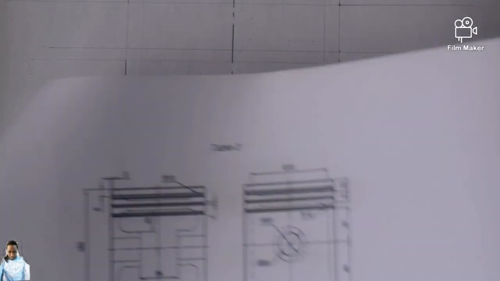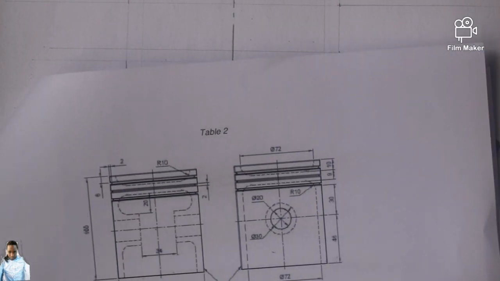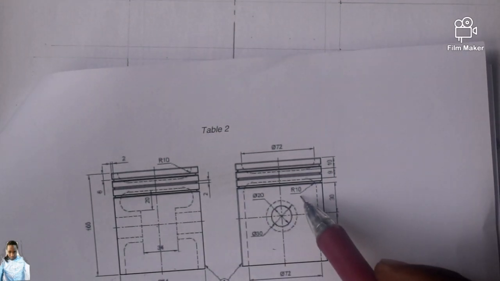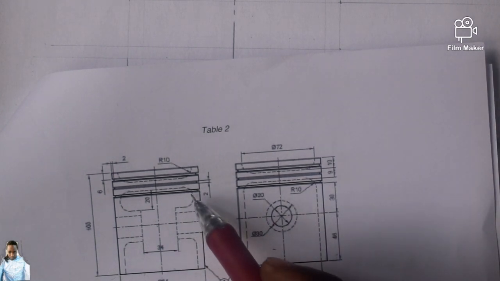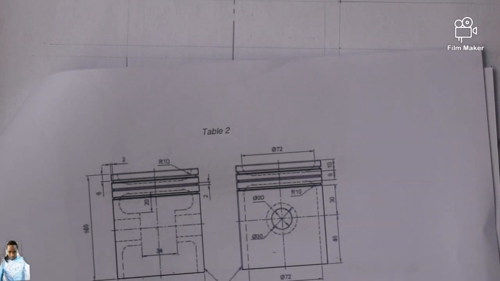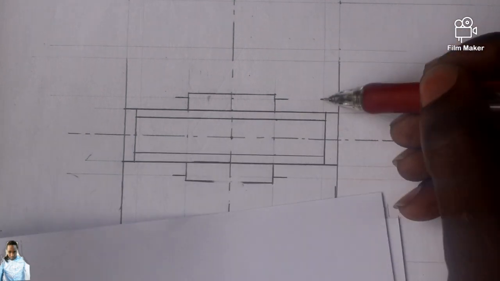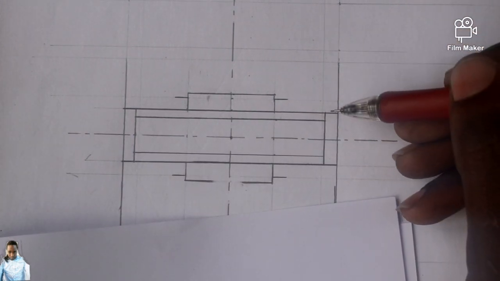Then if I've gotten that, we are told that this is diameter, this is radius 10, this is radius 10. So which means this one is radius 10, this one is radius 10, this one is radius 10. So to get that, we are to make it clear. Remember, they said from here to there is 20.